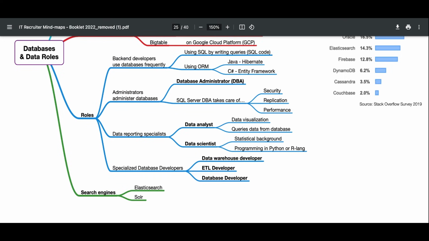ETL, extract, transform, load tools are Informatica, Talend, SSIS. For DBMS, database management, the person should have knowledge of MySQL, PostgreSQL, Oracle, SQL Server, NoSQL databases. These are the main skills and tools that are required in data roles.